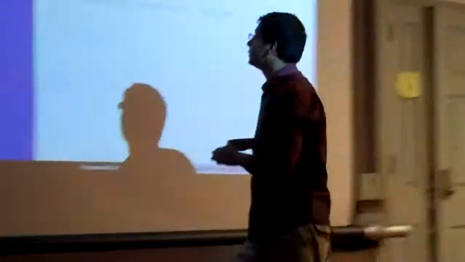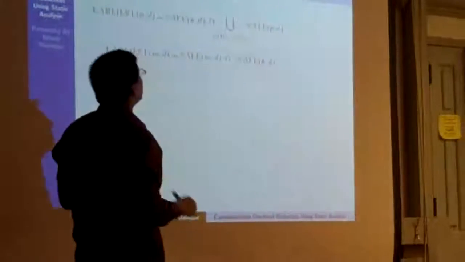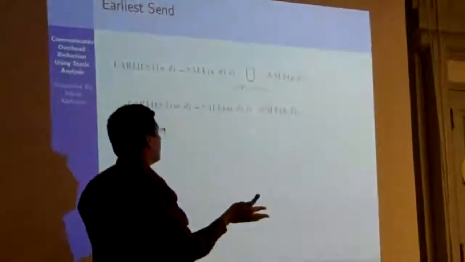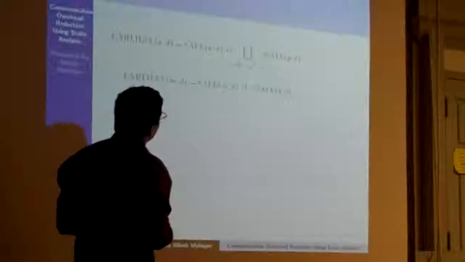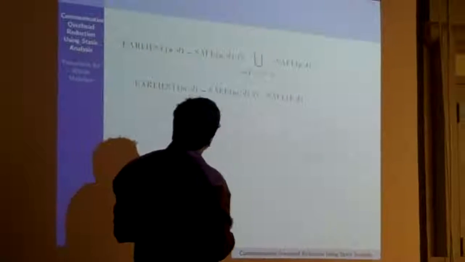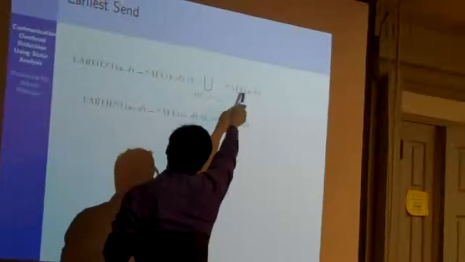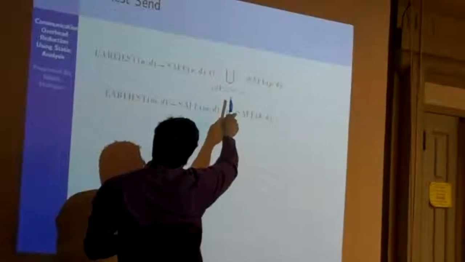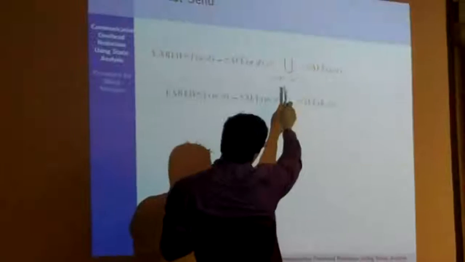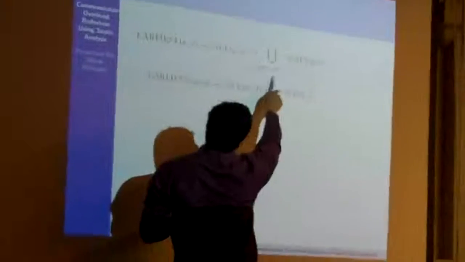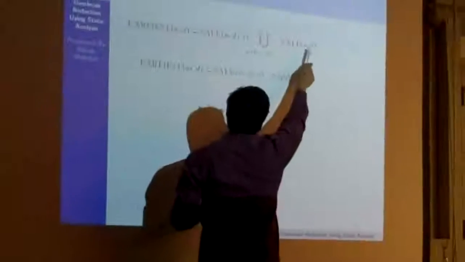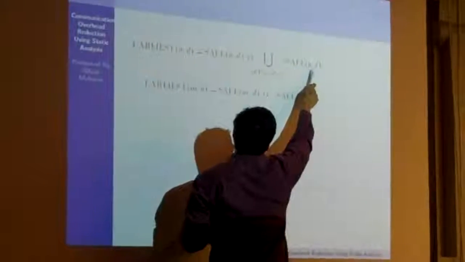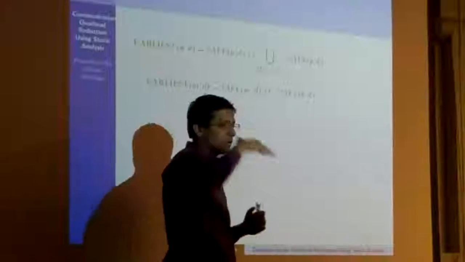So these flow equations will tell you what is the earliest node that you can place the send at. It's more or less the same. So this is the not safe condition. Okay. So it is just saying that for any of my predecessors, placing a send at that predecessor for data D is not safe, right?